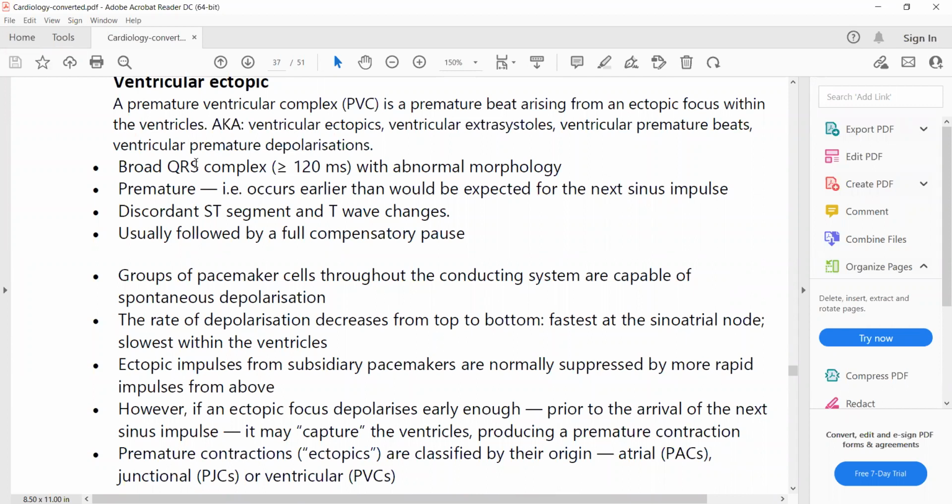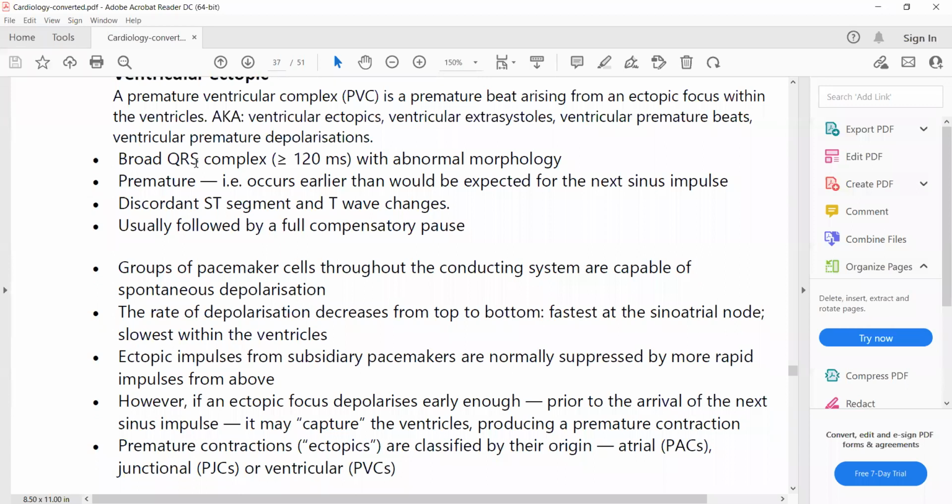A premature ventricular contraction is a premature beat. Premature means a beat that originates or that arises before its time. So this is 1 point for identification of ventricular ectopic.